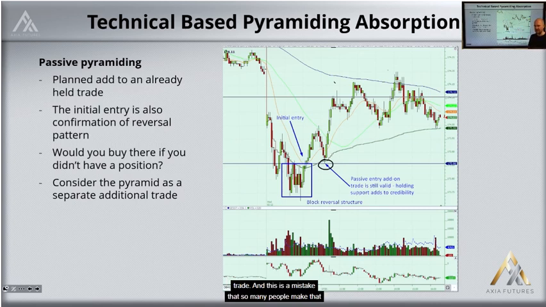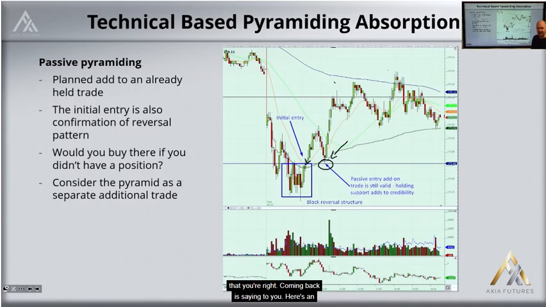And this is a mistake that so many people make. What they will do is when we get back here, they'll scratch. They'll look at the trade and they'll think, oh, I went onside, I got myself 15 ticks onside, it's come back, I don't want to lose, scratch. Where in fact, the entry here is the confirmation that you're right.